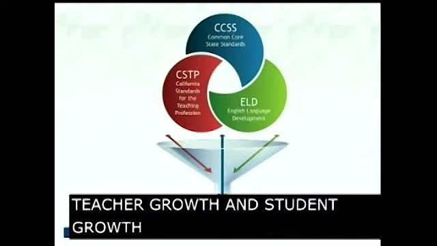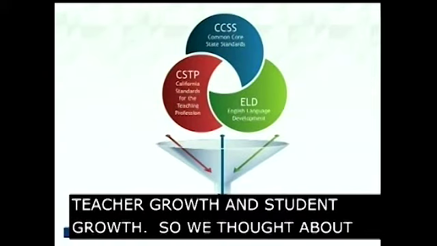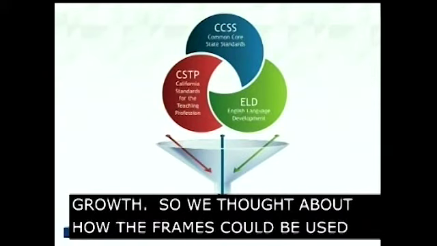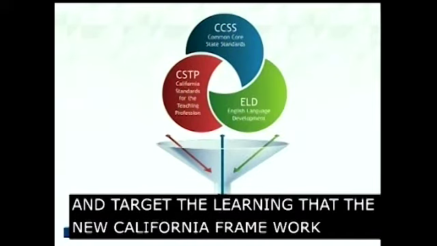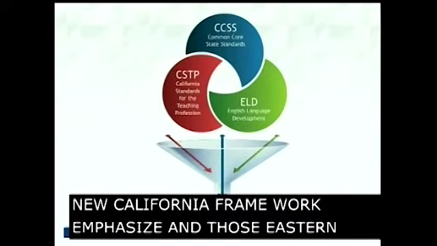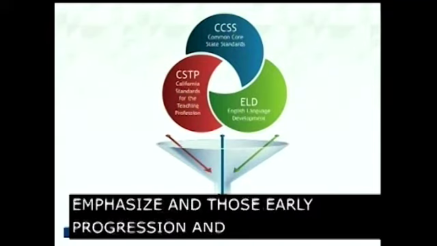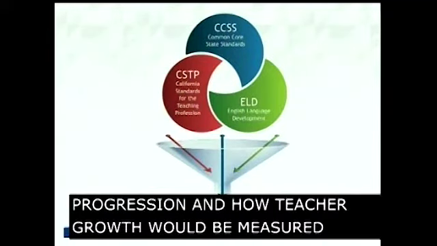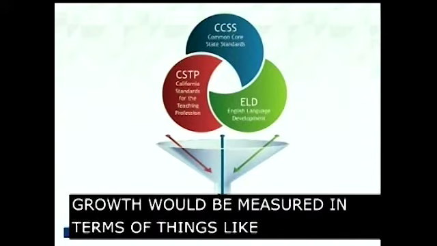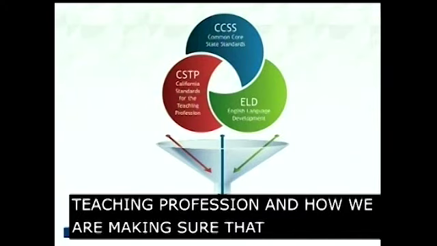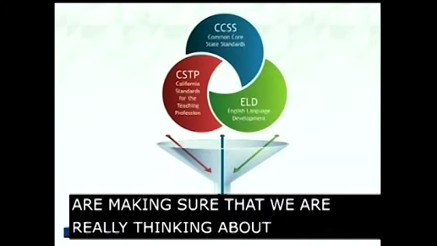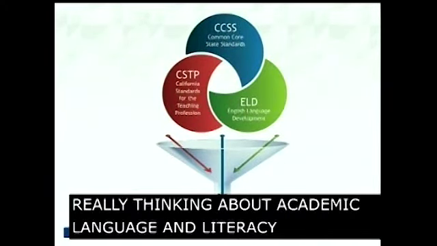So we thought about how the frames could be used and target the learning that the new California frameworks emphasize, and also those early learning progressions that we looked at. How teacher growth would be measured in terms of things like the California standards for the teaching profession, and how we're making sure that we're really thinking about academic language and literacy development integrated with content.